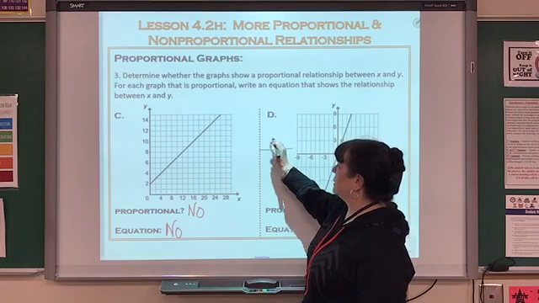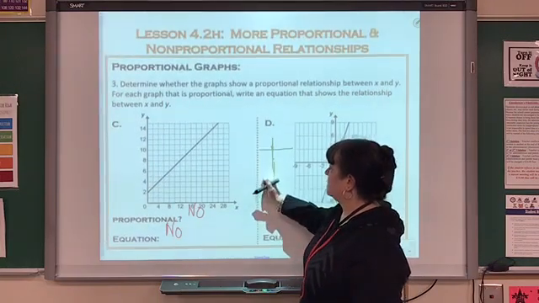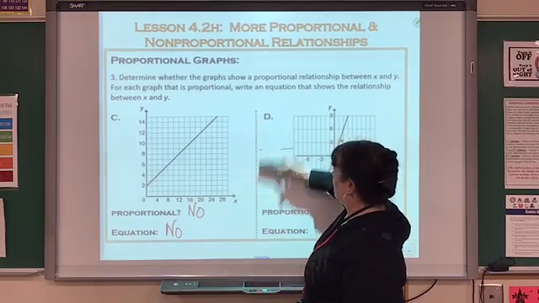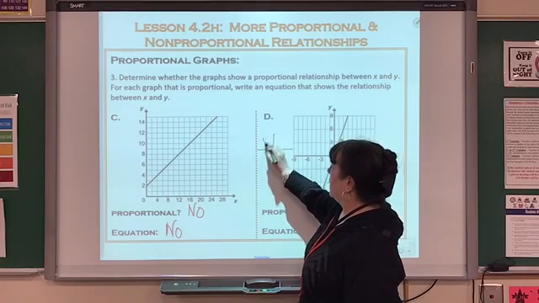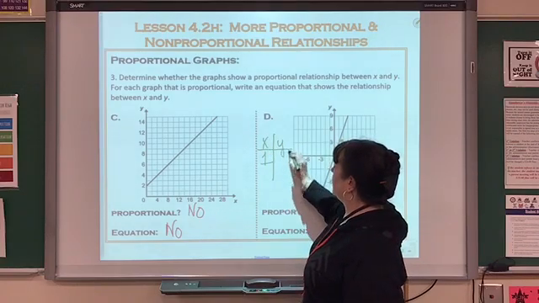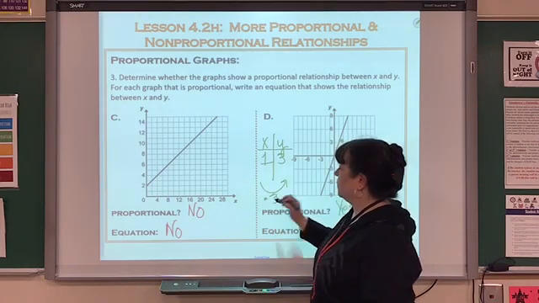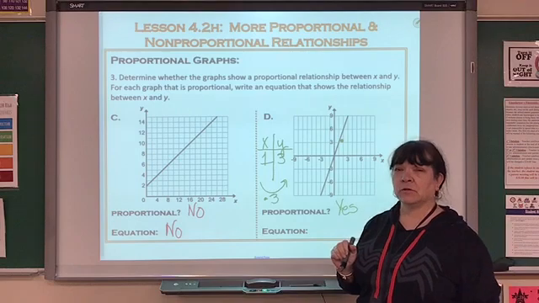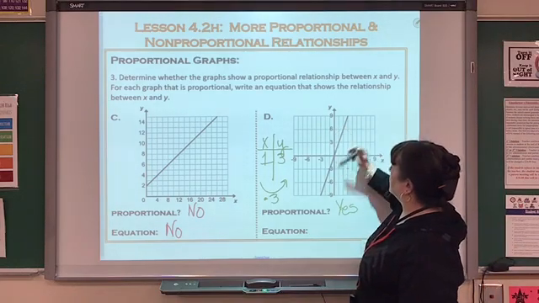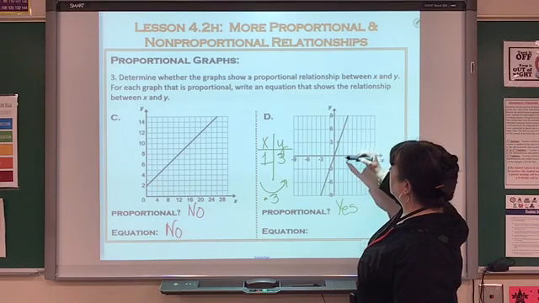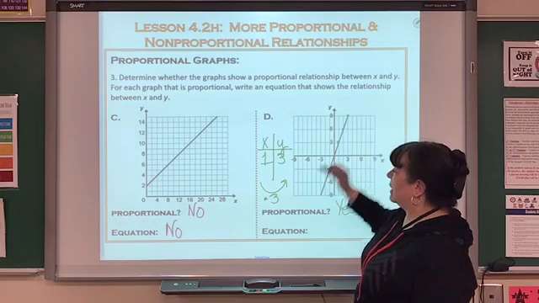So if I put that in a table where x is 1 and y is 3, right there I have my constant of proportionality. It's going to multiply by 3. I could even go over here and say, look, 2 is 6 and 3 is 9.